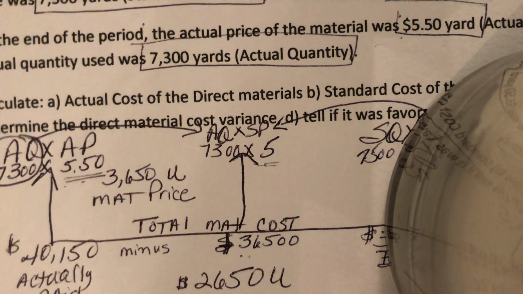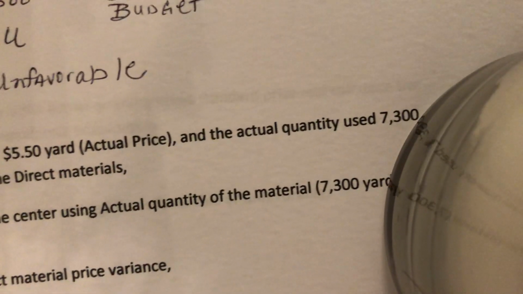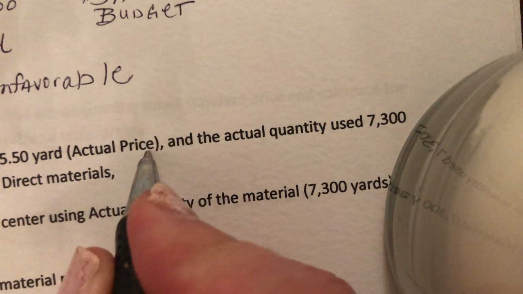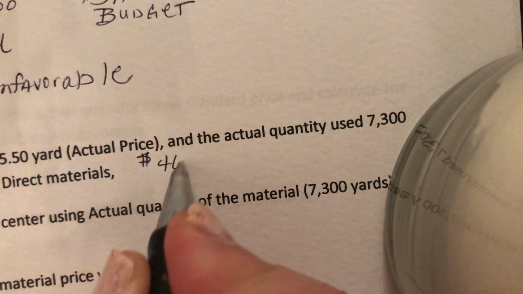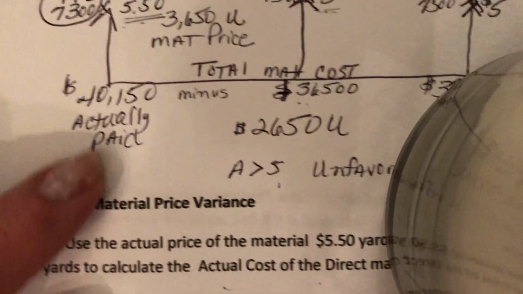So let's make sure we've answered the questions down here at the bottom. In A, I want you to calculate the actual cost of the direct materials. That was going to be $40,150, which is what you got on this side.